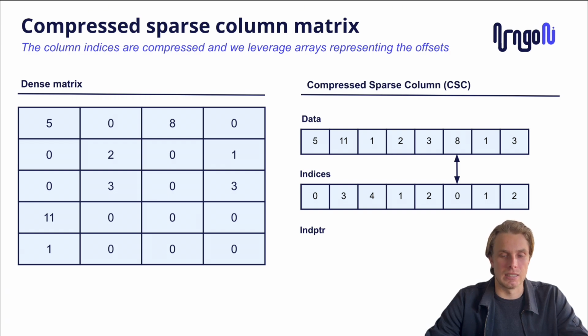So using 0 indexing, the value there is 0. So in our indice array, we provide the value for the row there as 0. Let's look at another example. Let's look at the value 11. In the first column, we can see that this is in position 1, 2, 3, 4. Again, using 0 indexing, this is row 3. And you can see here in our indice array and our data array, 11 and 3 are mapped together.